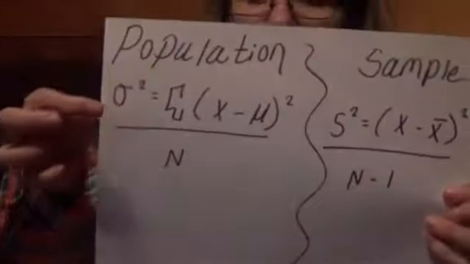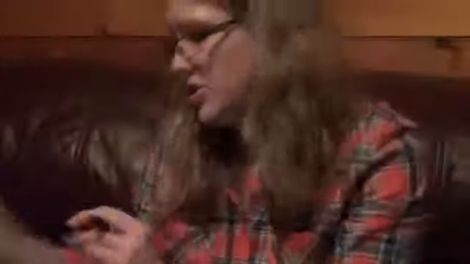So, an easy way to organize this information is to make a chart. And by using the population variance formula, we can make this chart. The very first thing we're going to do is make a column for x. And what x is, is each number in the set of our numbers.